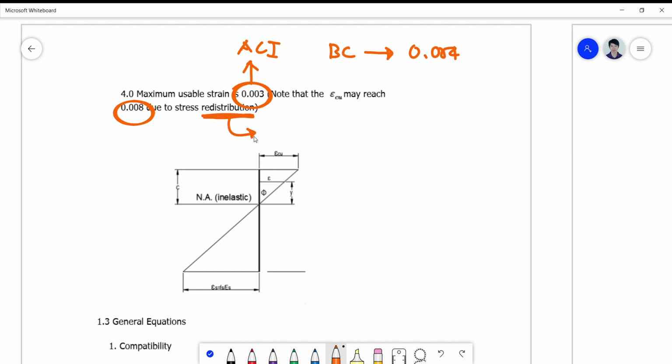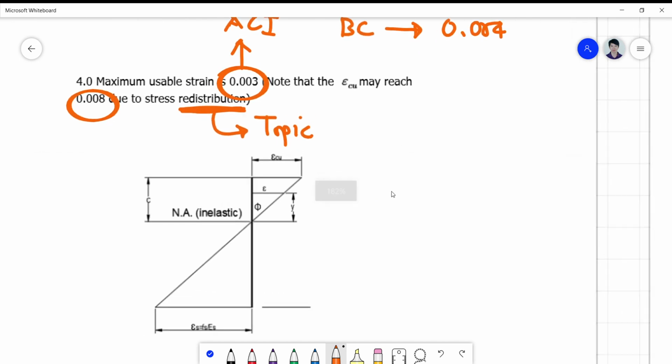This is again another topic we will be dealing with in case we have time. So where's that usable strain? This is the usable strain that I'm trying to refer to. This is 0.003. It cannot exceed this one, such that at this point in time, this will stop.